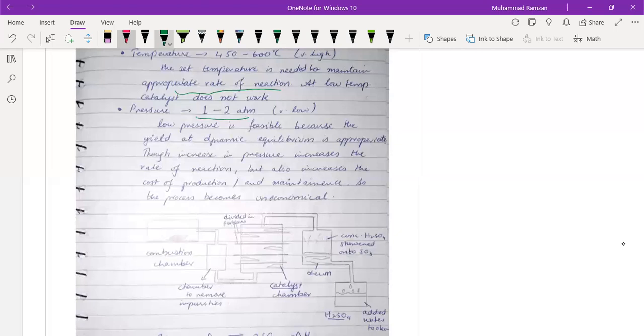No, look, please. This is the equation involved in the catalyst chamber in the contact process.